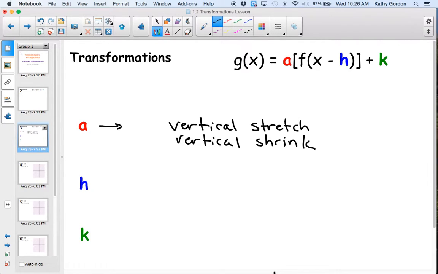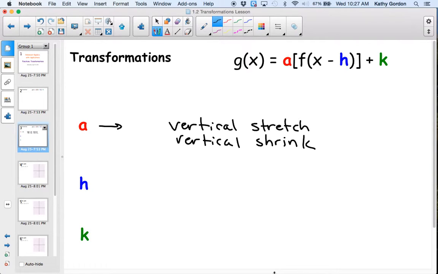So how can we deal with the fact, because Anthony's on the right track. If I have numbers bigger than 1, I'm going to have a vertical stretch. But if that's all I say, is A is bigger than 1, then that doesn't count for things like -3. So what's the simple little fix I can do to the A is greater than 1 that will account for -3 and -10 and -2.5?